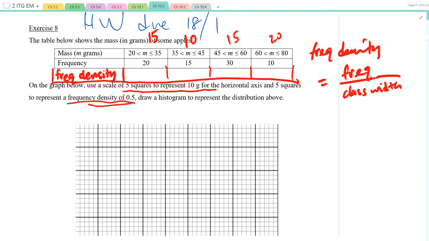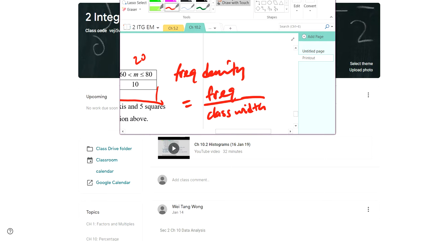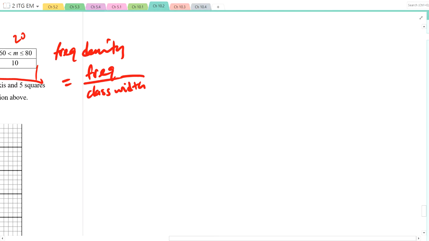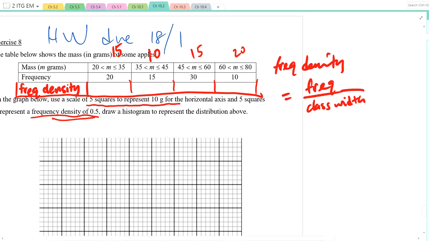Somebody with a calculator, please check. 20 divided by 15. How much is it? 4 over 3. Okay. We take the frequency divided by class width. What about the next one? What is the working? 15 divided by 10. So we get 1.5.